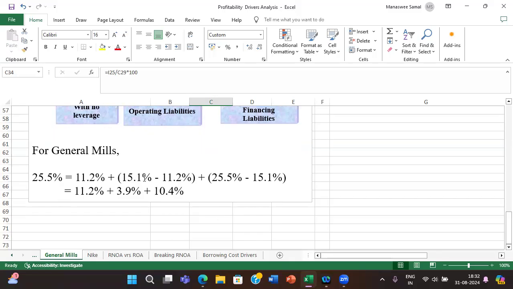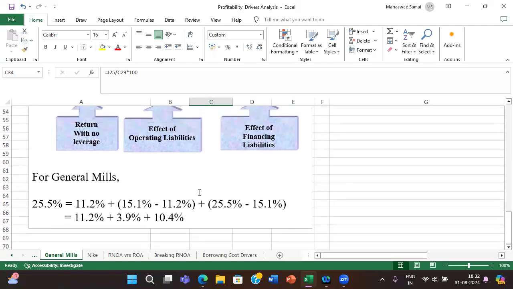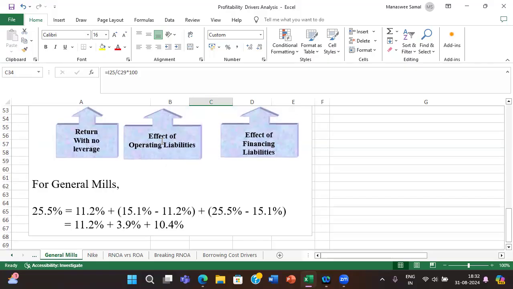The difference between 15.1 and 11.2% is because of the effect of operating liabilities, roughly 3.9%. So 3.9% is coming from the use of operating liability. Then financial liability use is generating a further 10.4%.